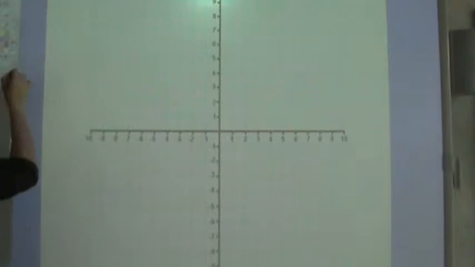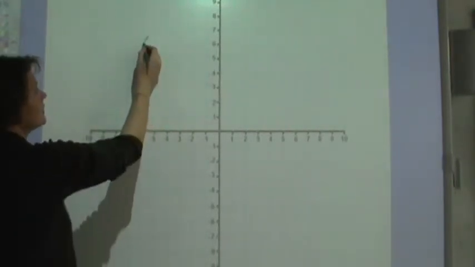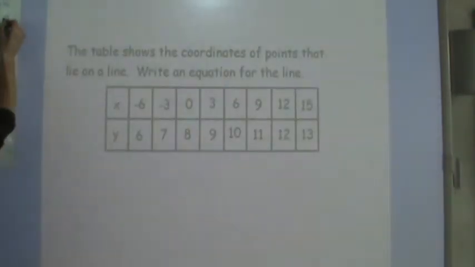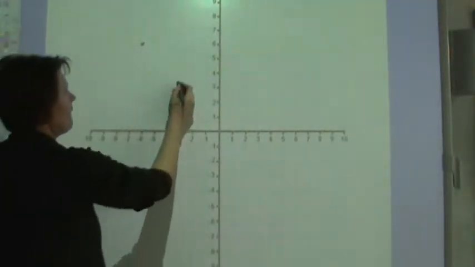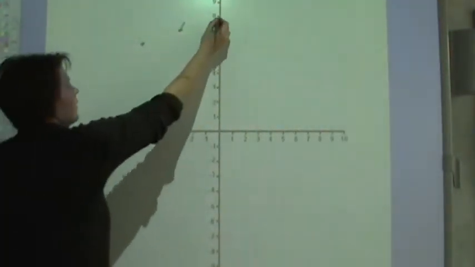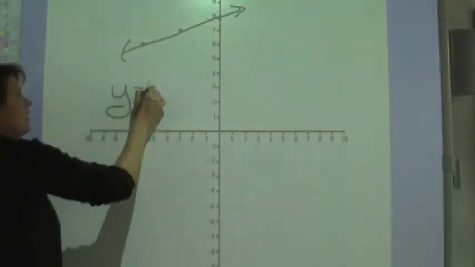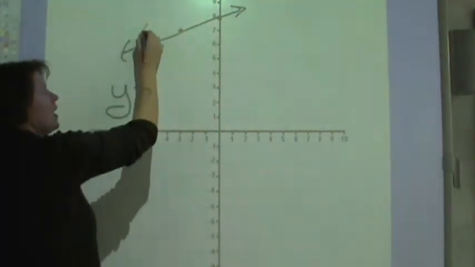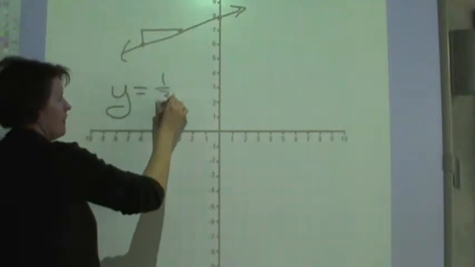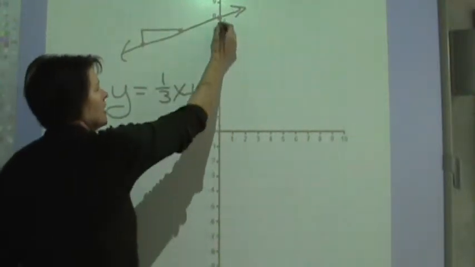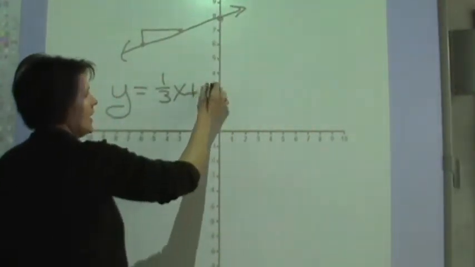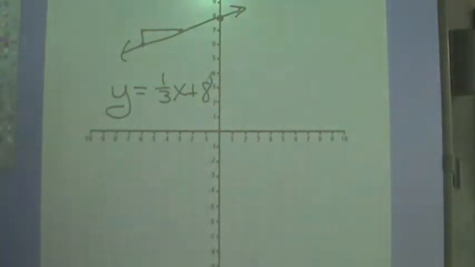Negative 3, 7. And 0, 8 was the next one. Then you could figure out the equation of the line from there. Your slope is up 1 over 3, and our vertical intercept is right here where it crosses the axis. So it would be y equals 1/3 x plus 8.